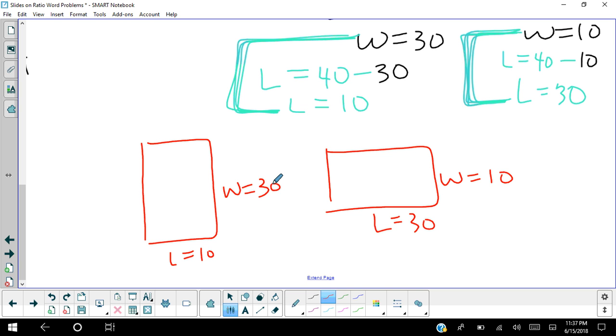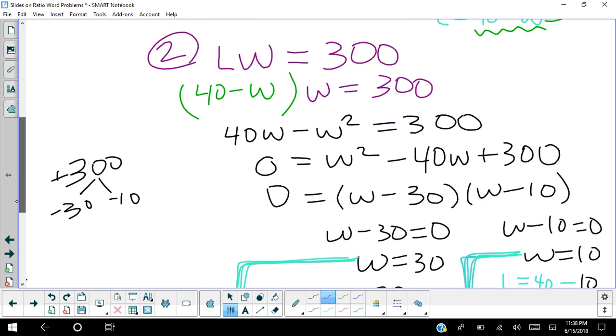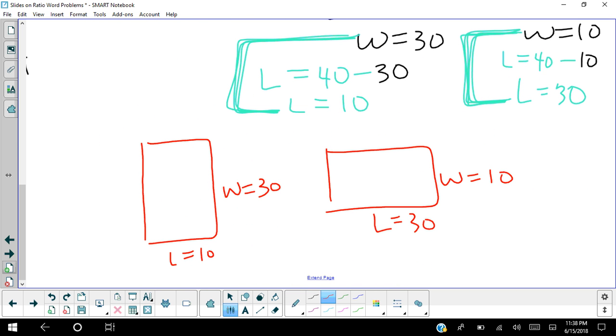However, they want to know the ratio of length to width. Now, looking in your SI solution, she had in there that length needed to be greater than width. It doesn't really have to be.